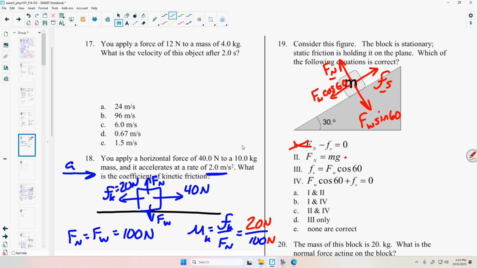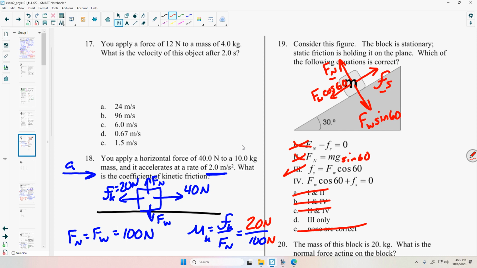No, I could correct it and say mg sine 60, but as it's written, not correct. Fs equals Fw cosine 60. Yes, so that one's correct. We're going to get rid of that one, that one, that one, and that one. So now I'm stuck with only D. But let's just look at 4. Fw cosine 60 plus Fs equals 0.